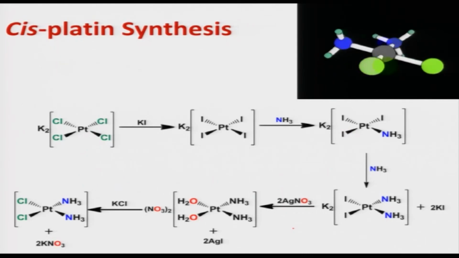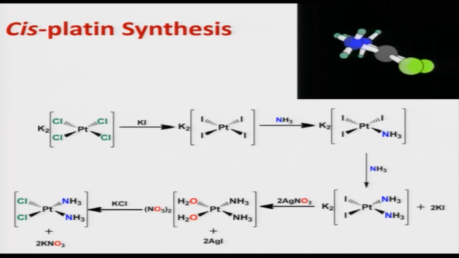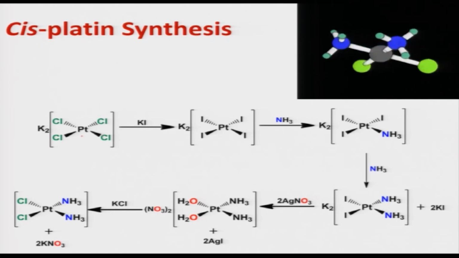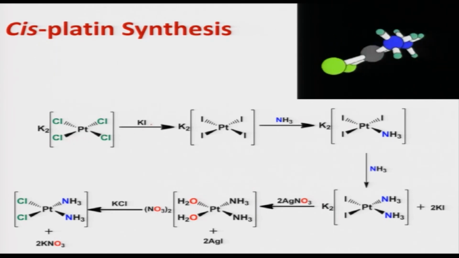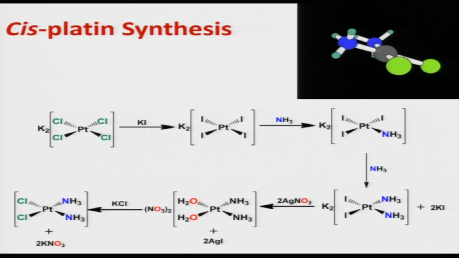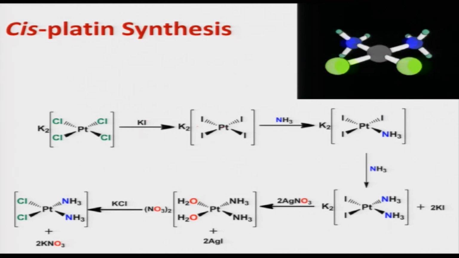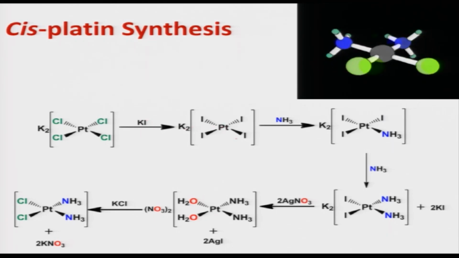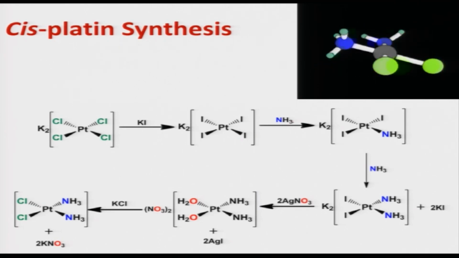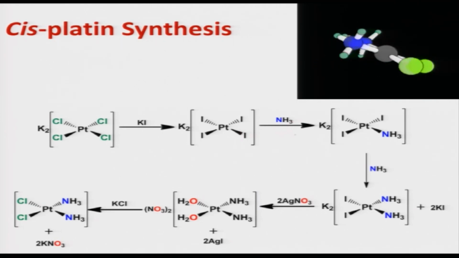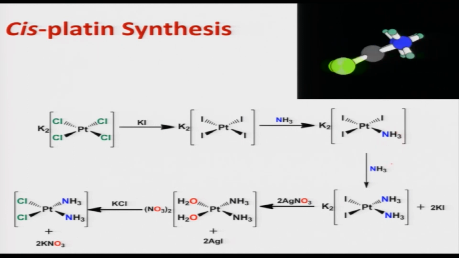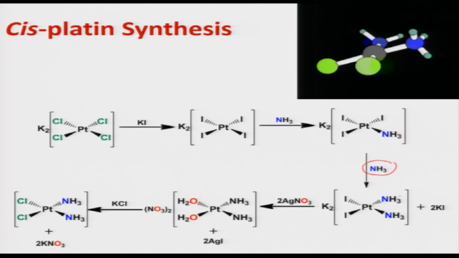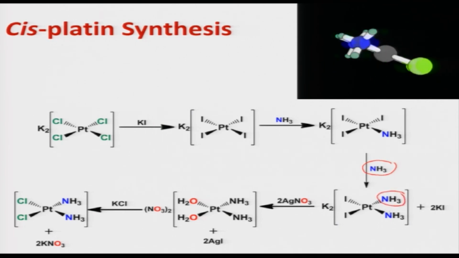Now, the synthesis of cisplatin is shown over here. We start from K2PtCl4, and once you add potassium iodide, the chlorides are replaced by iodide, and then you replace one iodide with one molecule of ammonia. Then addition of another molecule of ammonia will replace another iodide, but they are in a cis position.